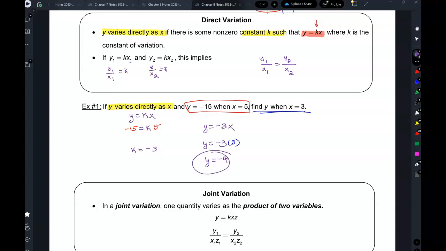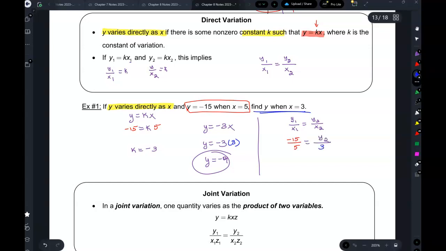Now, another way to do this is the following. We said y varies directly as x. Another thing I showed you before was y1 over x1 is equal to y2 over x2. If you're not directly asked to find k, you could also do it this way. So y1, x1, the red ones go here: negative 15 over 5 equals y2 over 3.